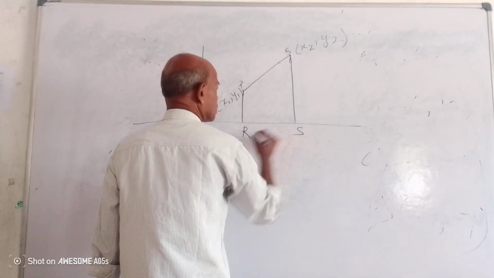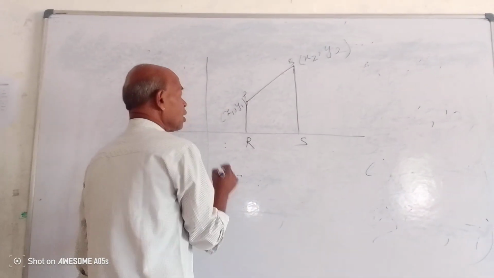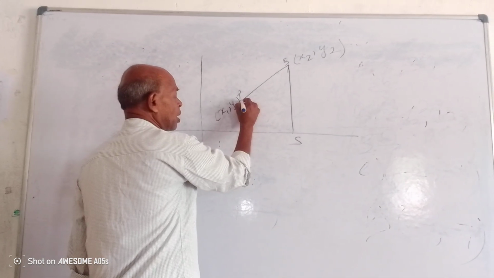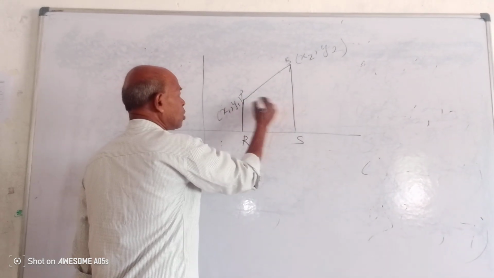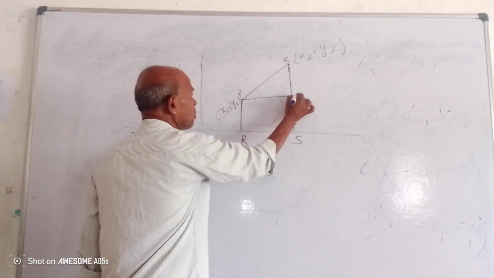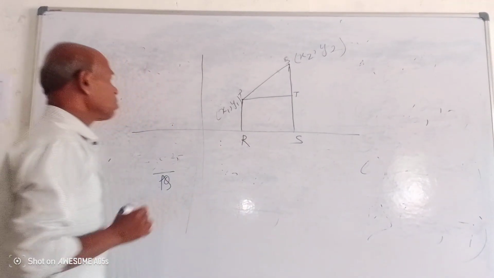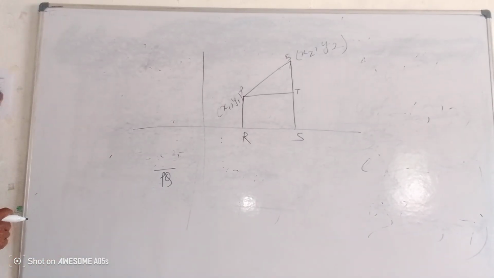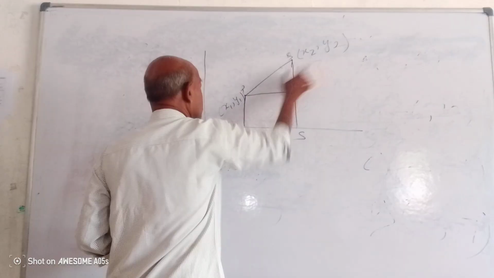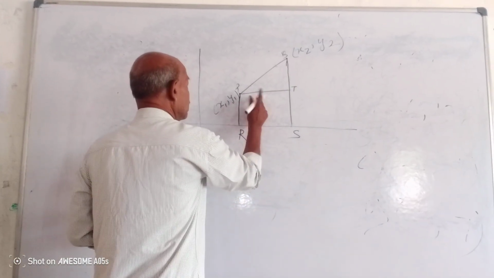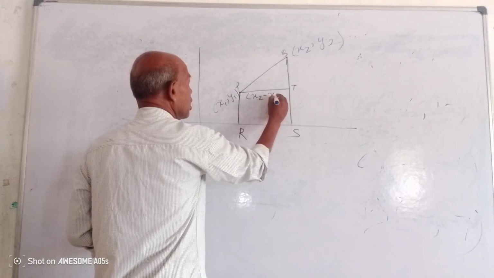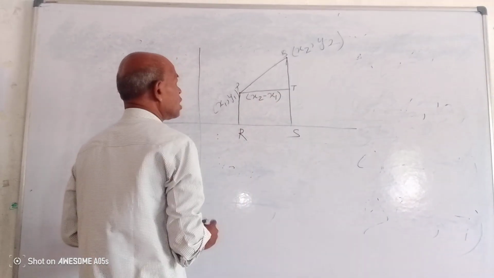This will be S. Now you draw a line perpendicular to QS, and let this be T. From the coordinates, it is clear that this length is x2 minus x1.